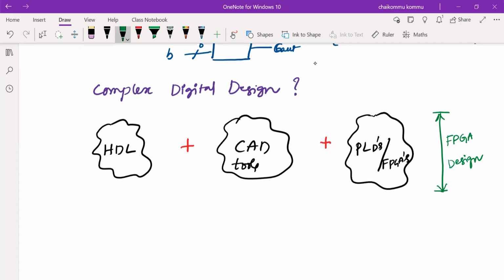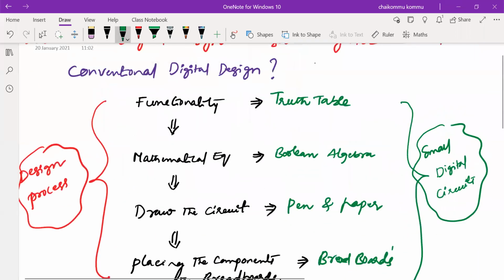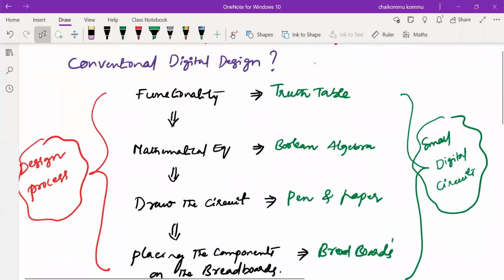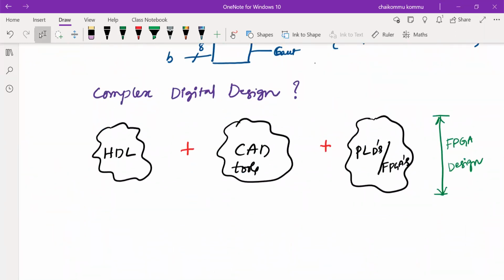Similarly, I will show you what CAD tools are available. And in our course, we talk about HDLs. How do we describe a circuit with the help of HDLs? Is it clear to all of you what is the difference between the conventional digital design and complex digital design so far? If it is clear, then please type it in the chat box.